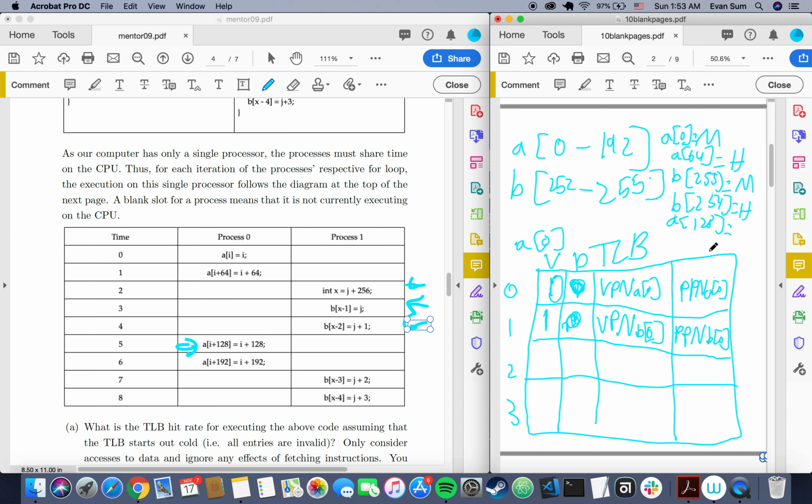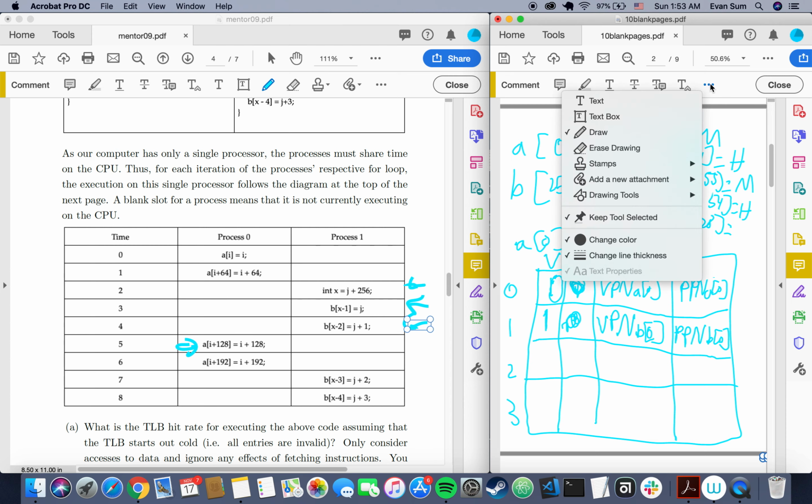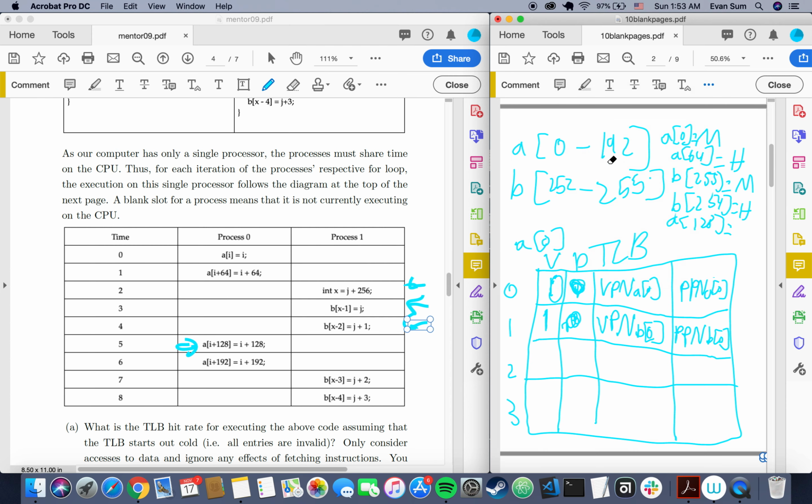However, you have to remember that we actually took this away, so this right now has valid bit 0. It's not valid. We technically have this in the TLB, but we can't use it.